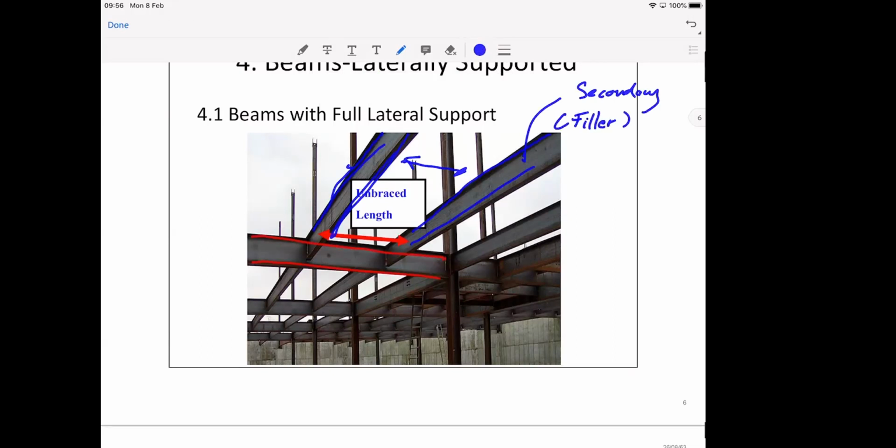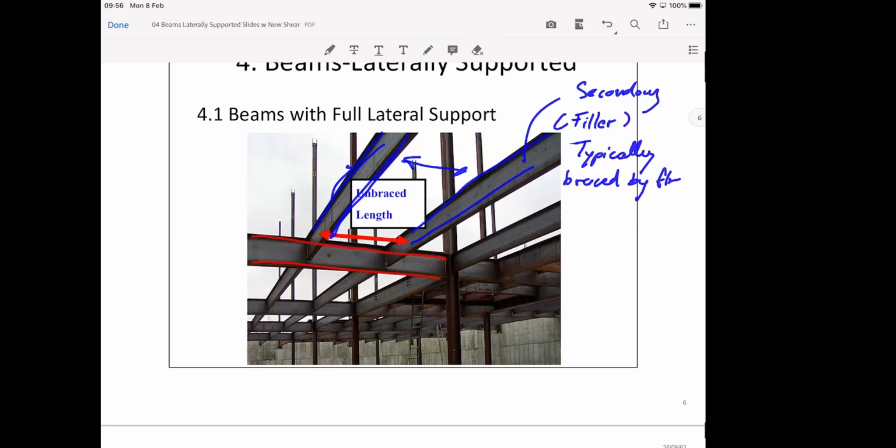The blue beams are typically already braced by the floor. So the floor doesn't help the red one. The red one is the primary one, or you can say it's a main girder.